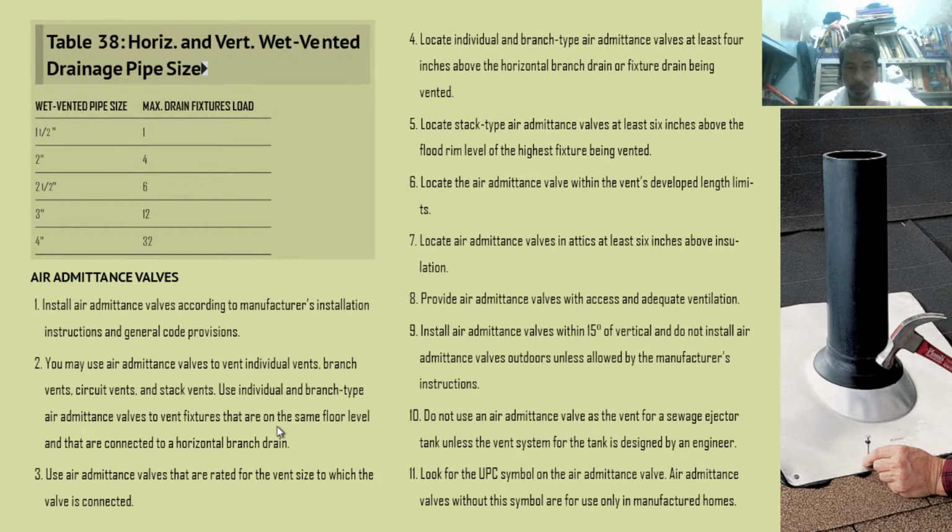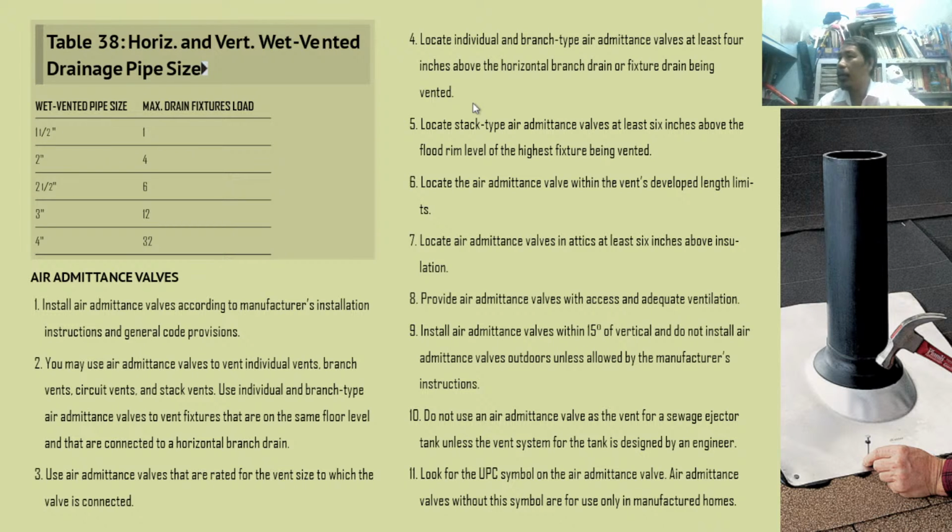So the valves must be rated for the vent size. Locate individual and branch type valves at least 4 inches above the horizontal branch drain or fixture being vented. The location must be at least 4 inches above the horizontal branch.